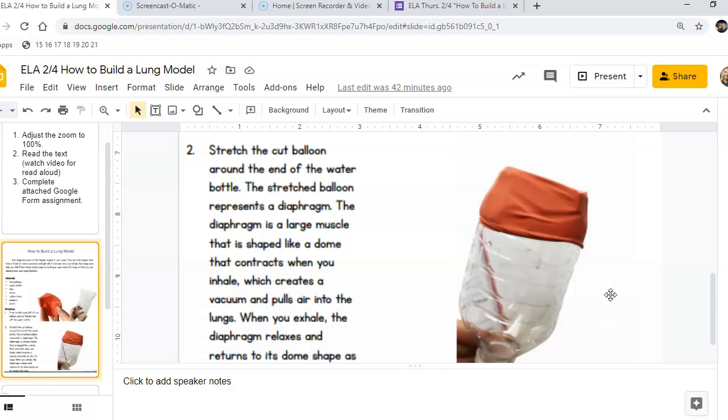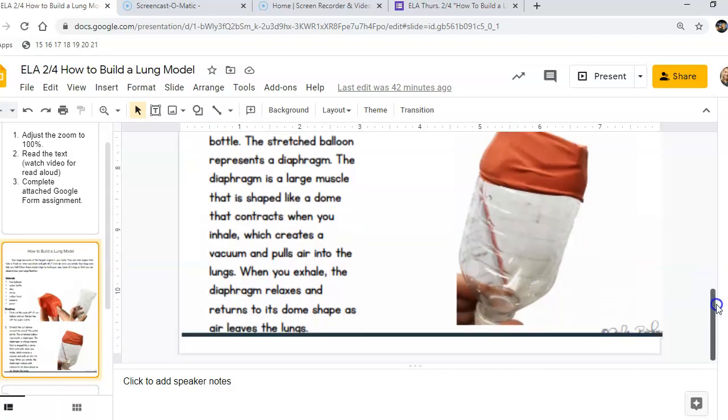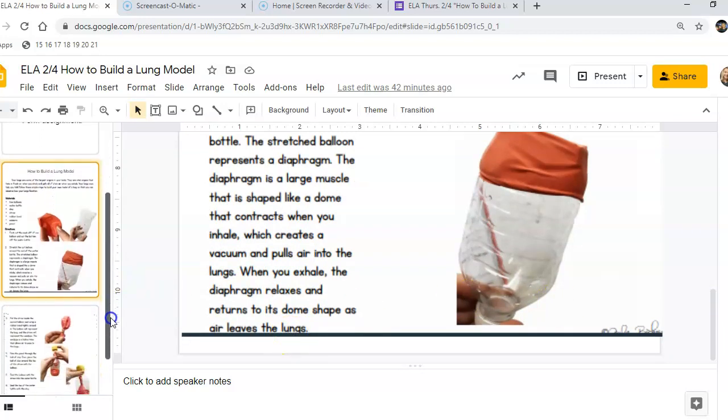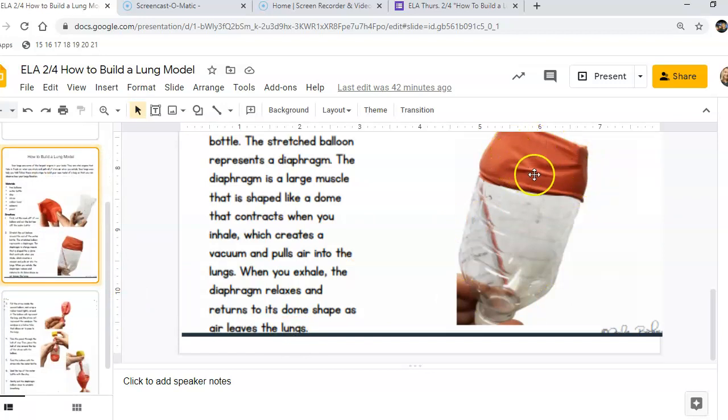When you exhale, the diaphragm relaxes and returns to its dome shape as air leaves the lungs. So I expect that this balloon here, which represents the diaphragm, to be able to simulate, model that process that the diaphragm goes through during breathing.